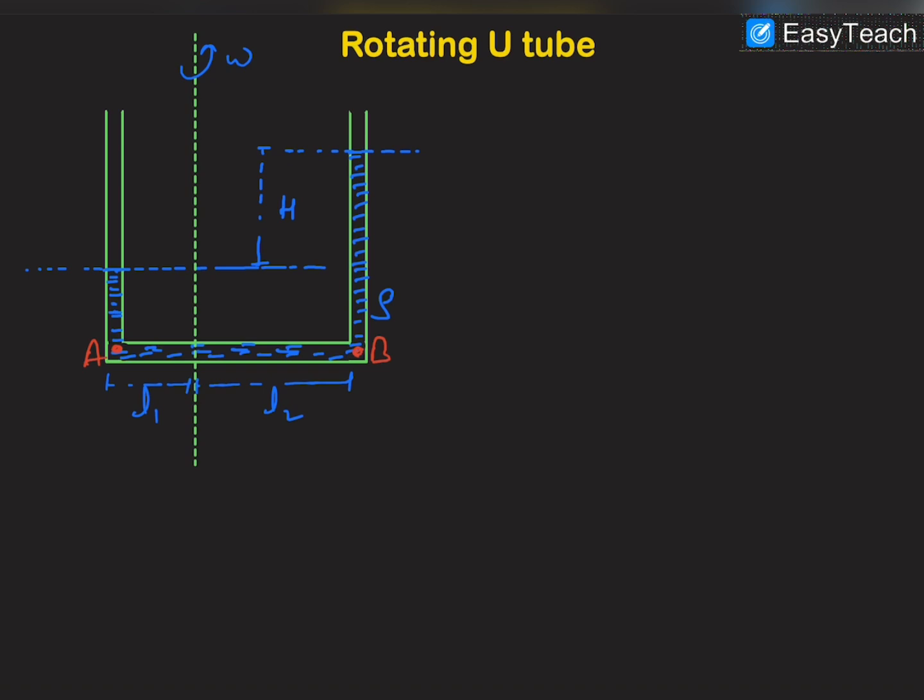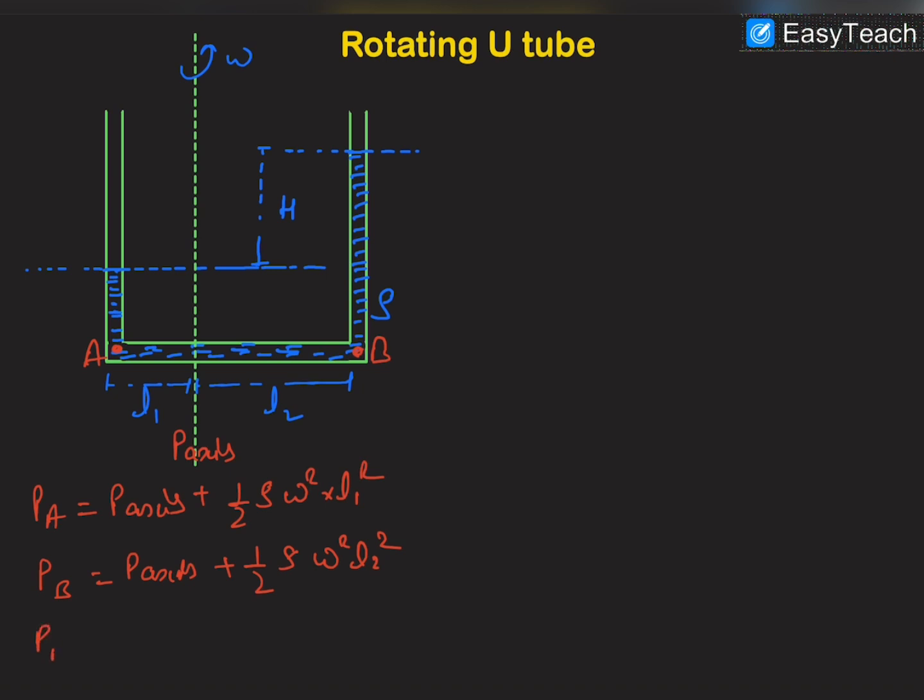We can assume that the pressure on the axis will be P axis. So we can say that PA will be equal to P axis plus half rho omega square into L1 square, and PB will be equal to P axis plus half rho into omega square into L2 square.